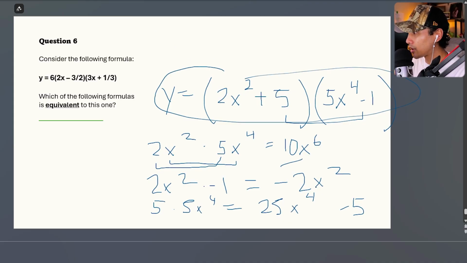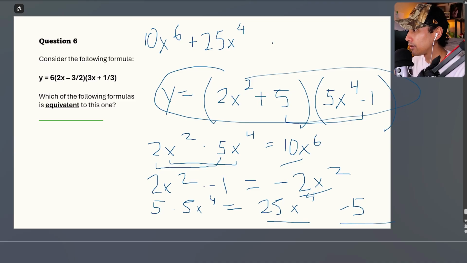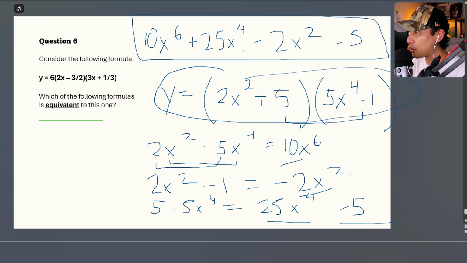Our terms are all written down as 10x to the 6th plus 25x to the 4th minus 2x squared minus 5. And this is actually the lowest that we can go.